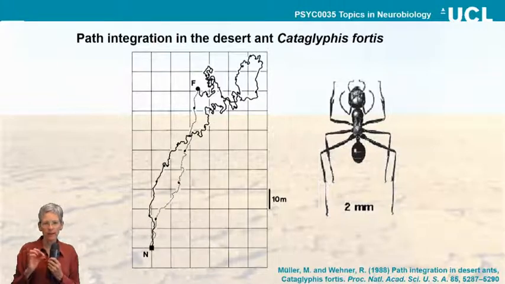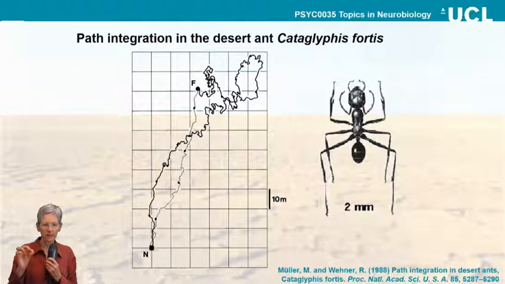This particular species, Cataglyphis fortis, lives in the desert and lives underground because the desert is obviously very hot. The ants come out of the ground and wander over the ground looking for food. They might go hundreds of meters away from the nest, and they will make a very circuitous route as they do so, searching in this kind of foraging pattern.